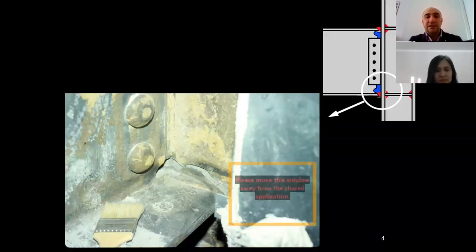And the paint brush is sitting on top of the bottom flange of a moment frame beam. The fracture is in the area of the groove weld, colored with the red, that connects the beam bottom flange to the column flange.